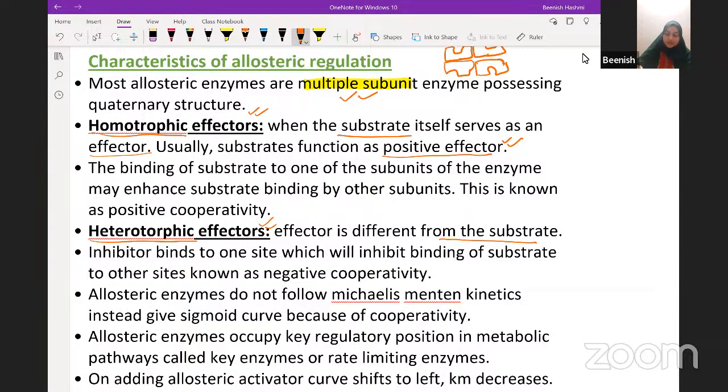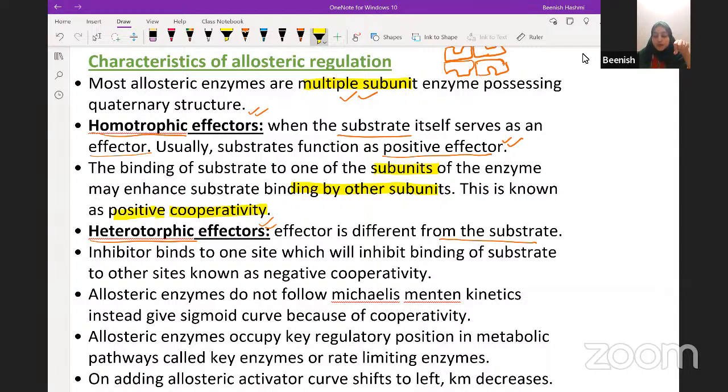Now there is another concept, that of cooperativity. It can either be positive cooperative binding or negative cooperative binding. So what is that? Positive cooperativity is when the binding of substrate to one subunit, like I said, your allosteric enzymes have multiple subunits, enhances the substrate binding by the other subunits.